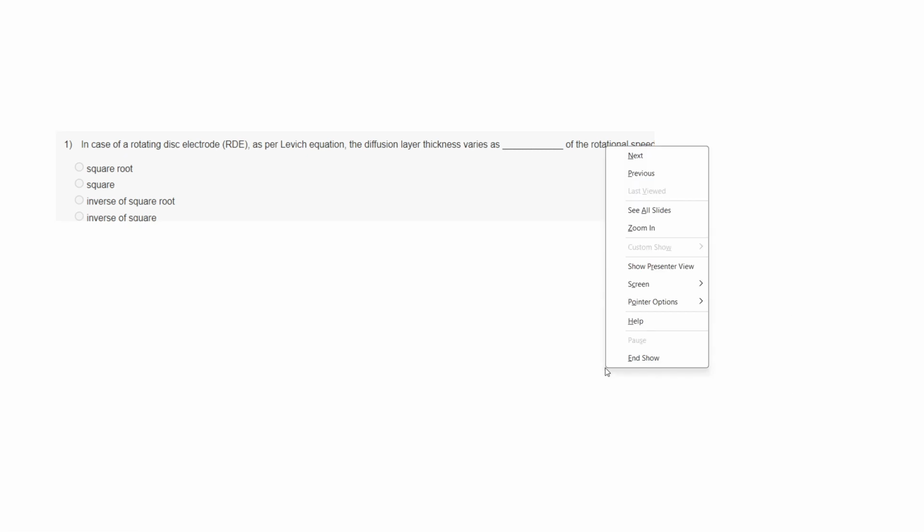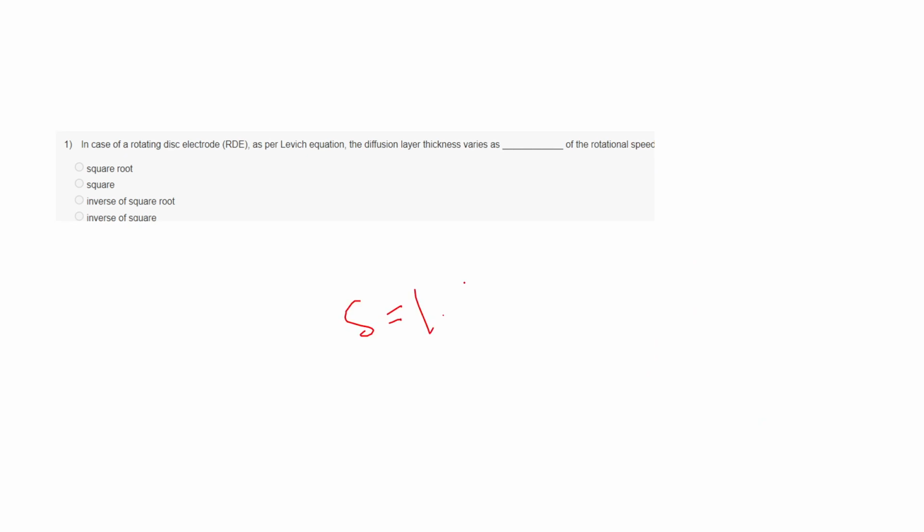So your del equation is something of the form. I'll write down this equation because you will need it for the next question. 1.61 into D0 raised to 1 by 3, omega raised to minus 1 by 2, gamma raised to 1 by 6.